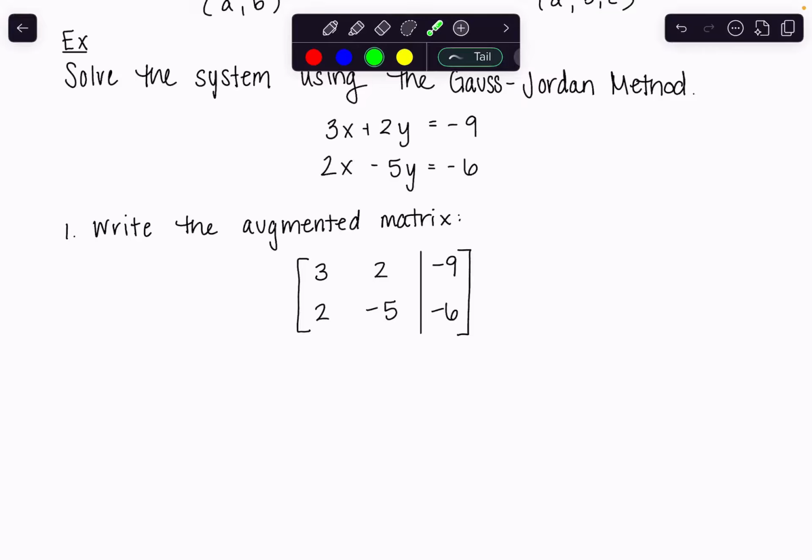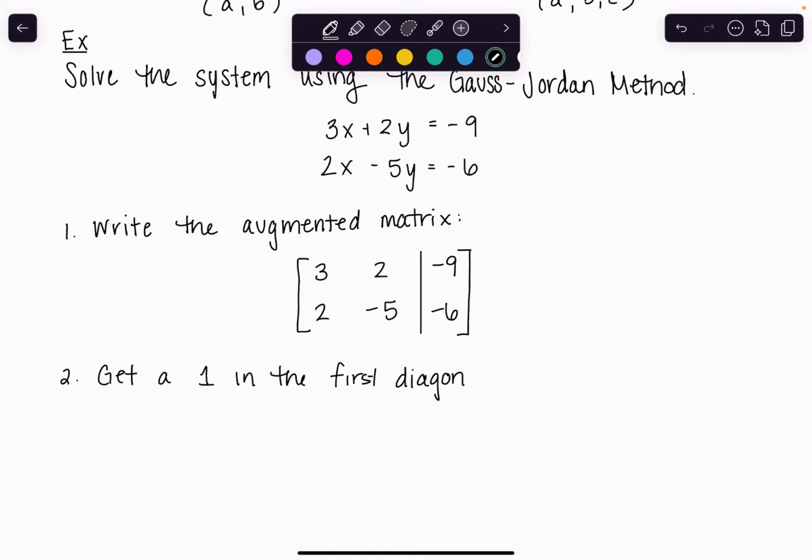And then you keep going through that process. So our second step is you get a 1 in the first diagonal position. And then you get zeros below it.